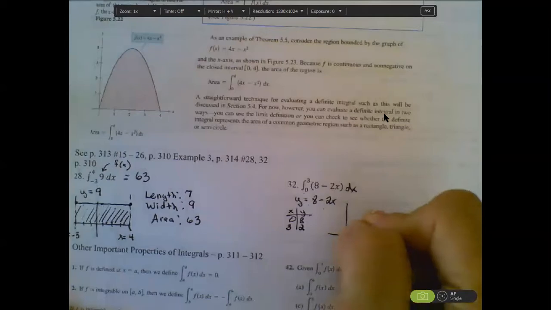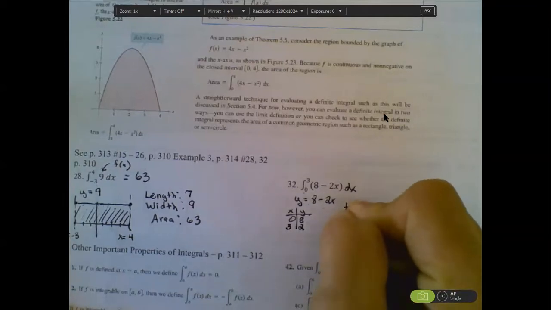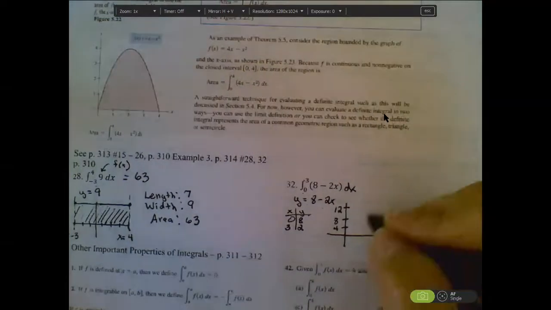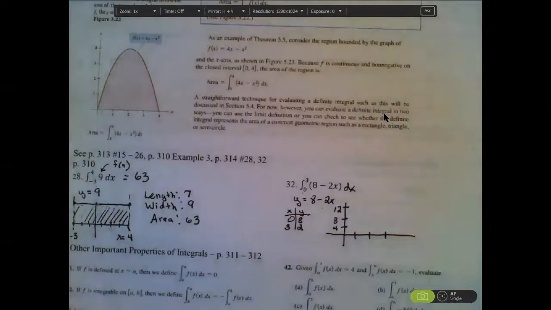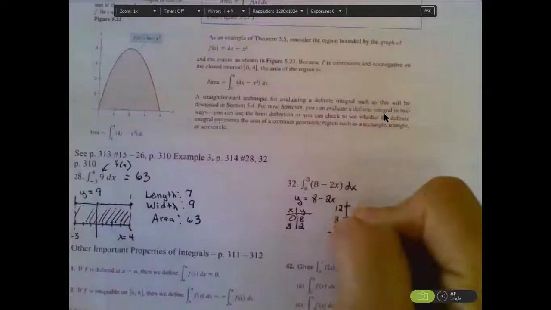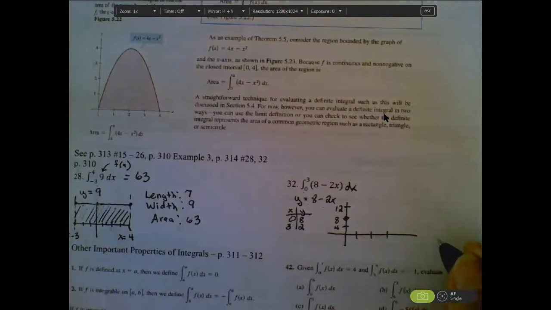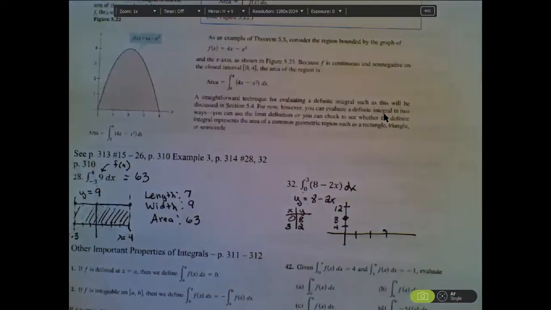I think I'll count by 4s on my y-axis, and then just count by 1s on my x-axis. (0, 8) would be the left endpoint, and (3, 2) would be the right endpoint.